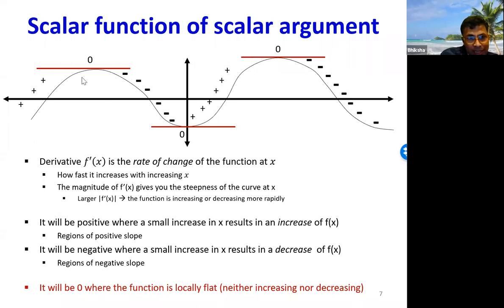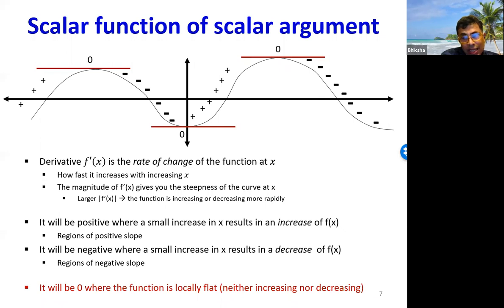In both cases, if the function is steep, then the derivative will be large in magnitude. If the function is shallow, the derivative is going to be small in magnitude. So here it's going to be large, here the function is shallow, it's going to be small. And if the function is just locally flat, like in these regions, it's not increasing or decreasing, then the derivative will be 0.